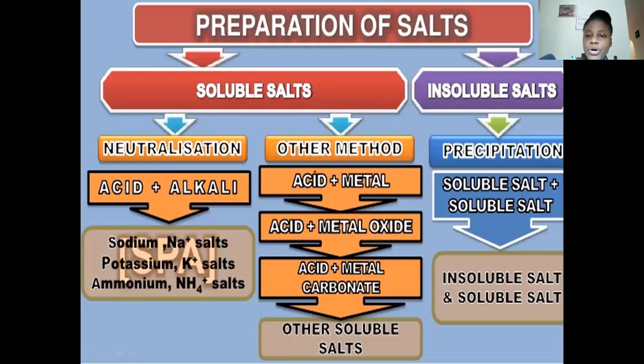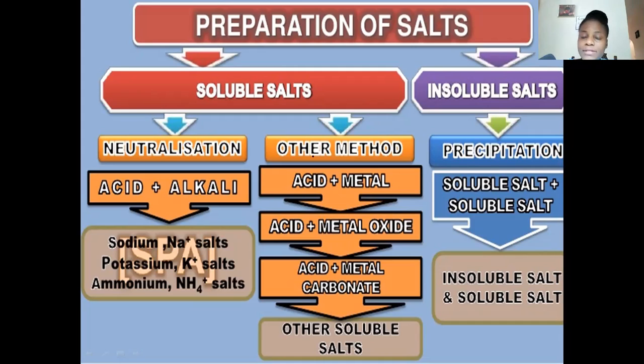Now, what we are going to go into a lot of detail on is how you make these salts in the lab. As we approach the end of fourth form, we're going to start doing SBAs, and you will have to make some of these salts.